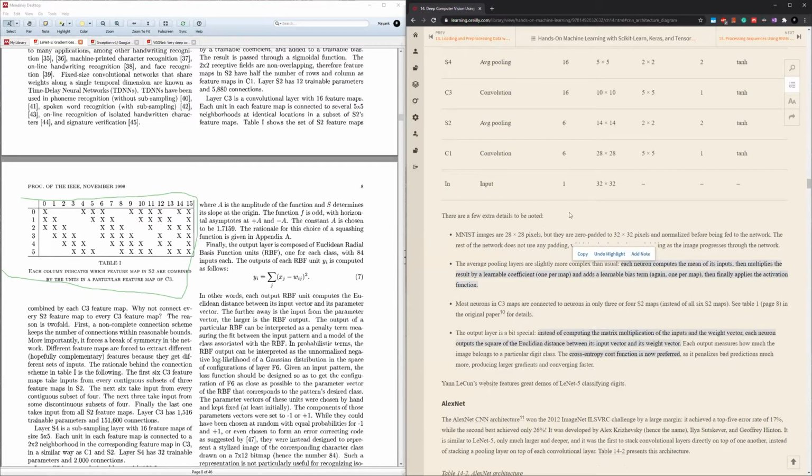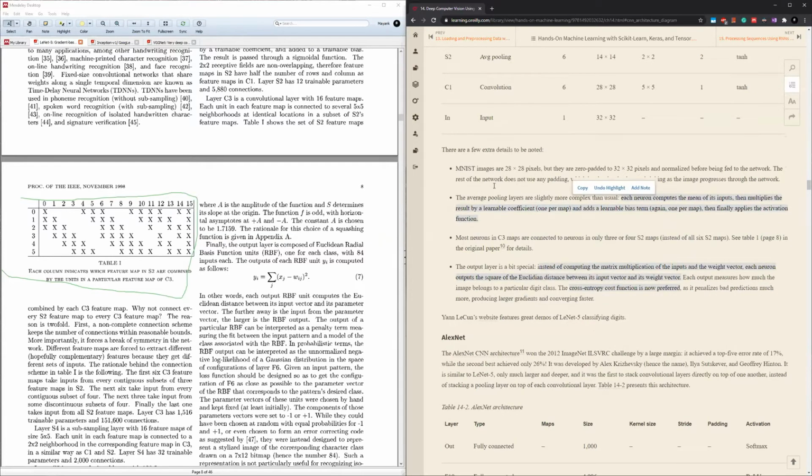So now let's get down to the maps which I was trying to understand. These are some of the basic implementation details which they have used. Because of the padding, the images are zero padded to 32 by 32 pixels and normalized before being fed to the network.